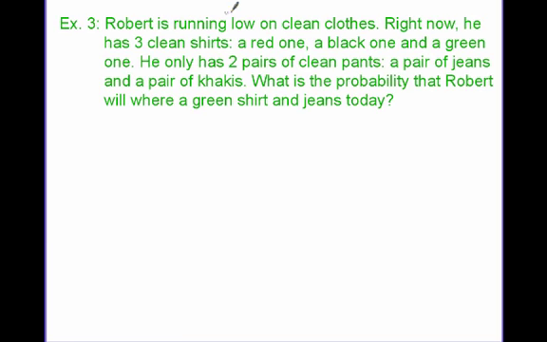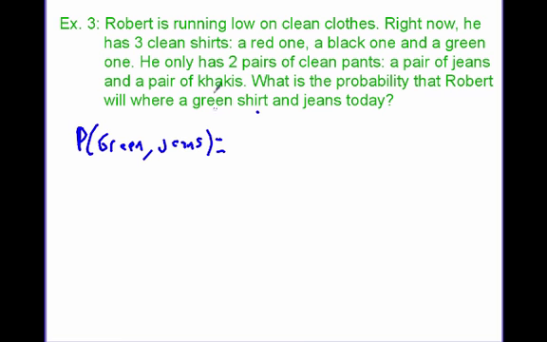For example 3, it says Robert is running low on clean clothes. Right now he has 3 clean shirts, a red one, a black one, a green one, and he has 2 pairs of clean pants, a pair of jeans and a pair of khakis. I want to know the probability that Robert is going to wear a green shirt and jeans today. Just like before, I'm going to find the probability of each event and then multiply them together.